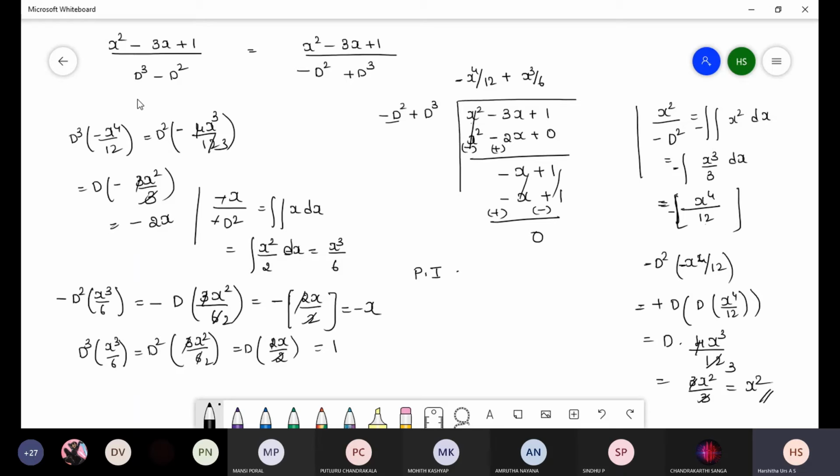Therefore our yp, or particular integral, is minus x power 4 divided by 12 plus x cube by 6. Like this, whenever there is a differentiation of the first term, at that time we have to use the integration method to find the differentiating factor.